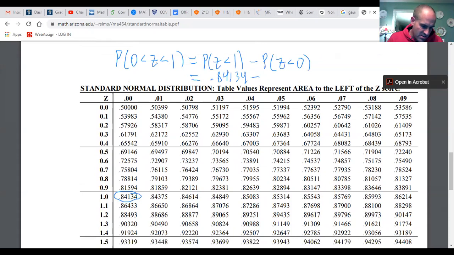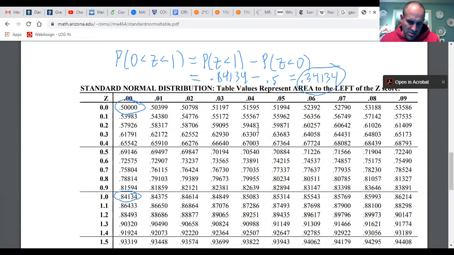You can see it right here. 0.5, but is that really a surprise to us? Better not be. We already computed that just a couple minutes ago. So this is 0.34134. So that is the probability that 0 is less than z is less than 1.